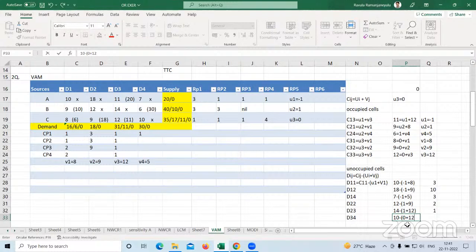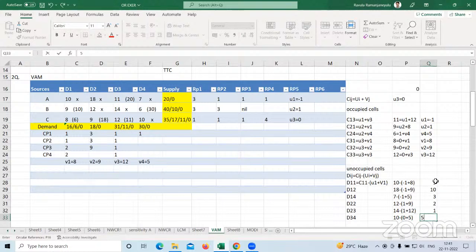Sorry, V4 value is 5 only. Is it not? V4 value is 5, no? Yes, sir. So V4 value is 5. 0 plus 5 is 5. 10 minus 5 is nothing but 5.